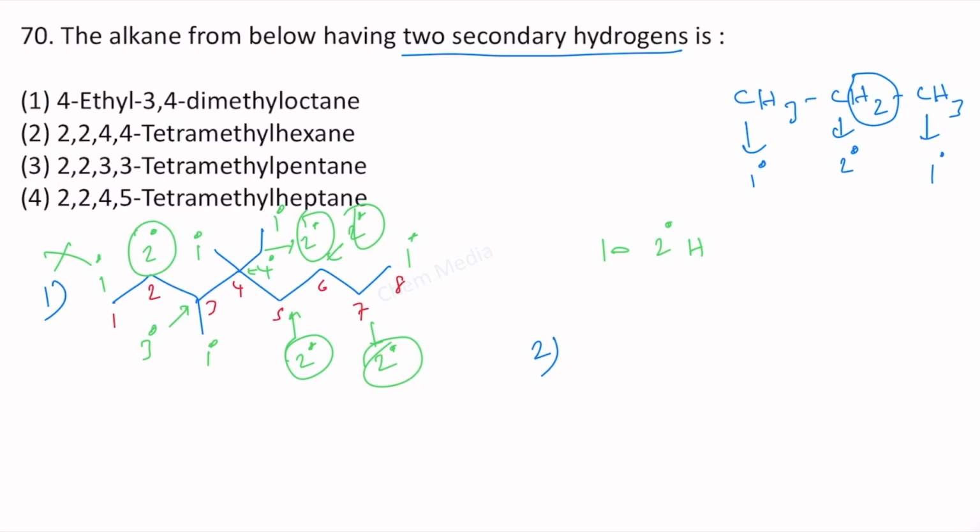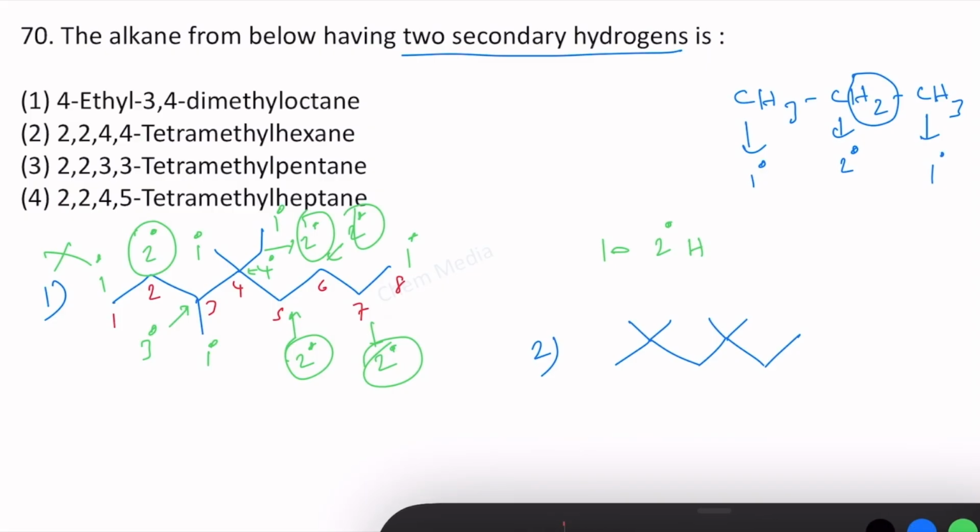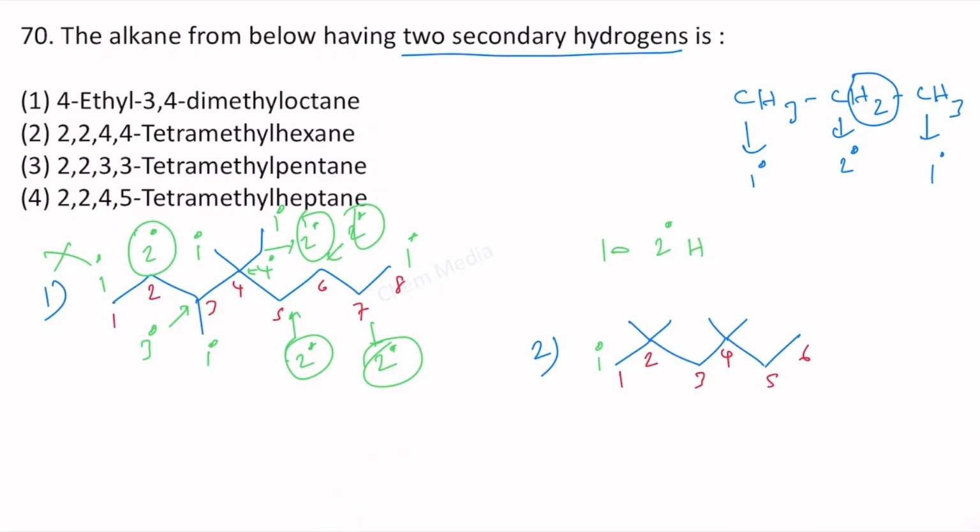2,2,4,4-tetramethylhexane. So, let us write the hexane first. 1, 2, 3, 4, 5, 6. At 2 position, 2 methyl groups. 4 position, 2 methyl groups. Let's number it. And then, so this is primary, primary, primary. This is quaternary. This one is secondary.